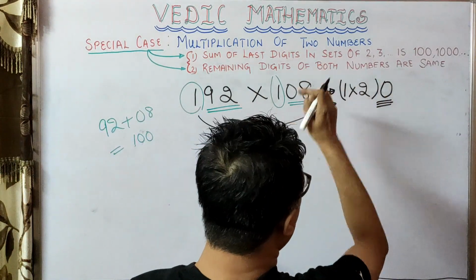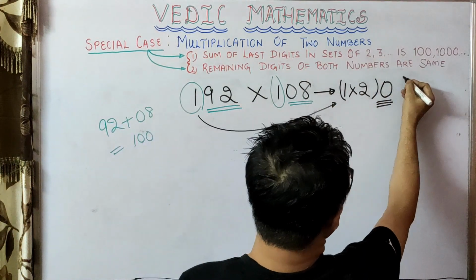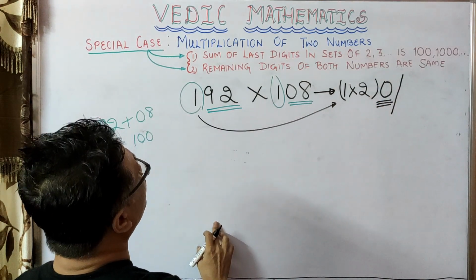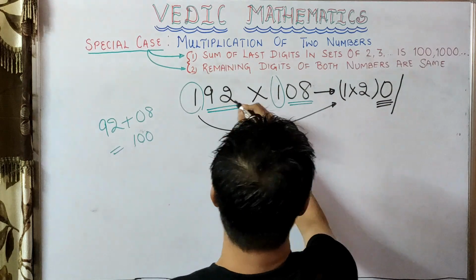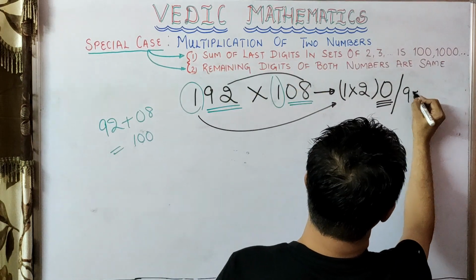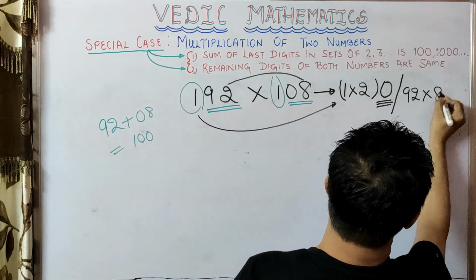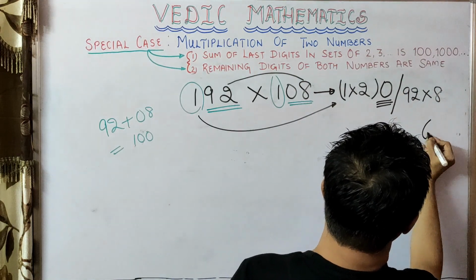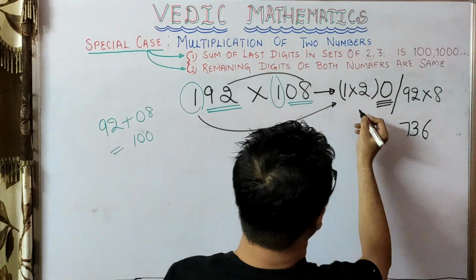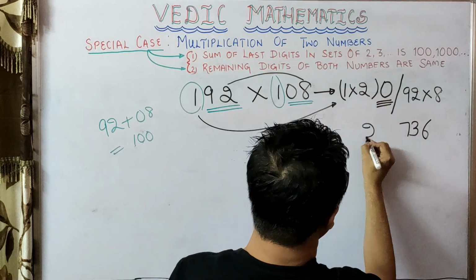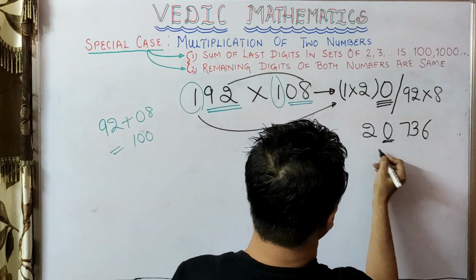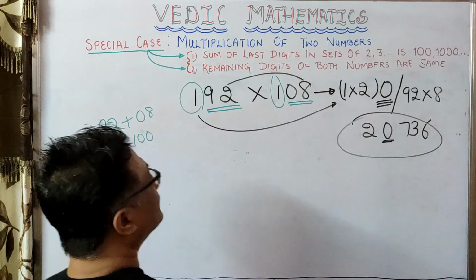So you have to add a 0 in the first part of the answer, and then for the second part of the answer you will have simply 92 multiplied by 08. 92 multiplied by 8. So what is that? 8 twos are 16, and 8 nines are 72 and 1, 73. And then 2 multiplied by 1 is 2, and then this extra 0. So this is your answer.